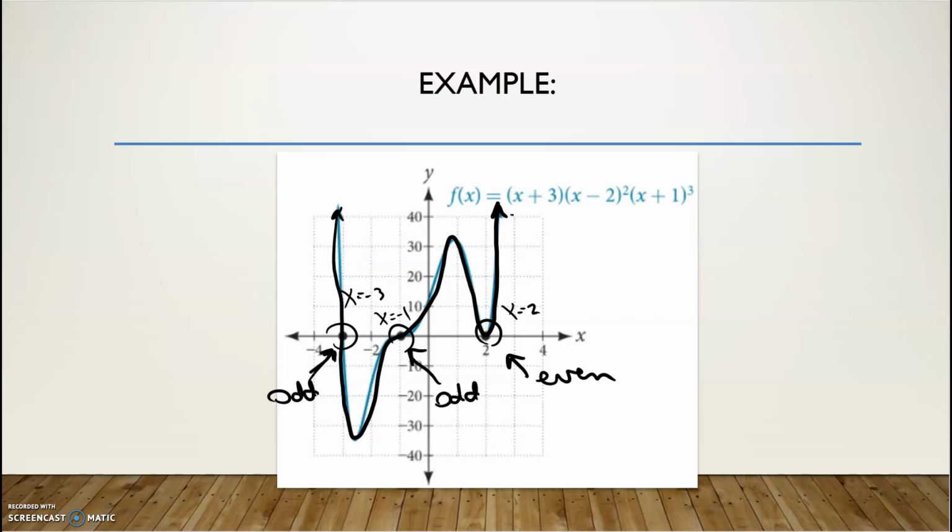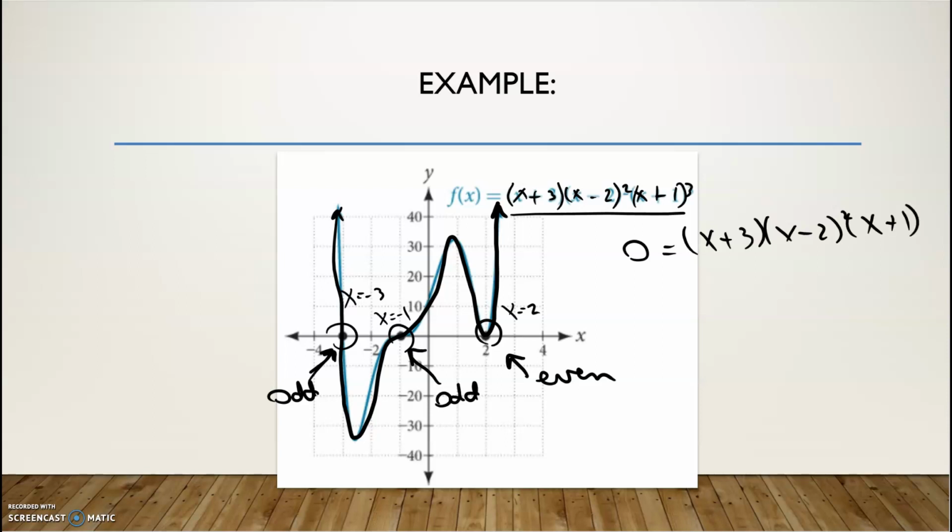Now look at this function right here. We have (x plus 3)(x minus 2) squared (x plus 1) cubed. Now if I set this equal to 0, because that would be finding the x-intercepts or roots, so 0 is equal to (x plus 3)(x minus 2) squared (x plus 1) cubed. So set each one of these equal to 0.